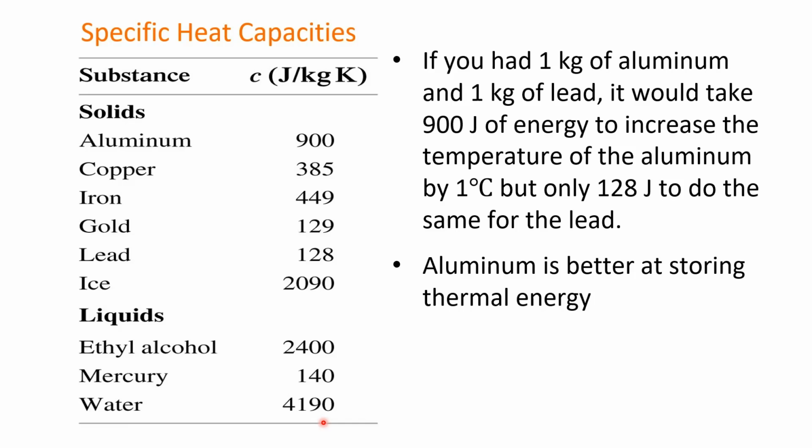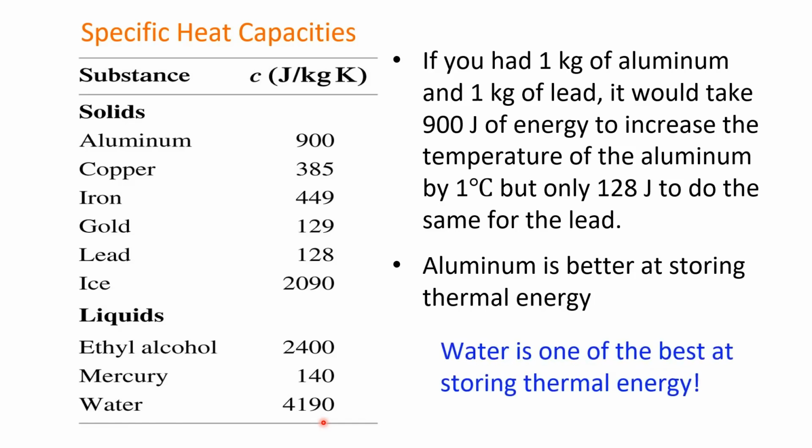Or you could think of it the other way around. You have to take a lot of energy away from water to get it to change its temperature by 1 degree. So what we can say then is water is one of the best at storing thermal energy, and that turns out to be true compared to all common substances. Water has an abnormally high specific heat capacity.